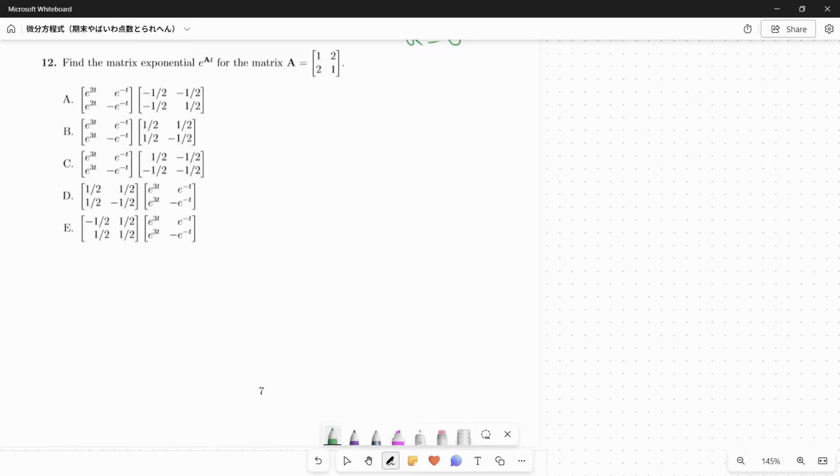That entails finding the eigenvalues and corresponding eigenvectors of the matrix given to us, and then we can use that information to calculate the matrix exponential. So to start, I'll go through finding the eigenvalues and eigenvectors of the matrix.